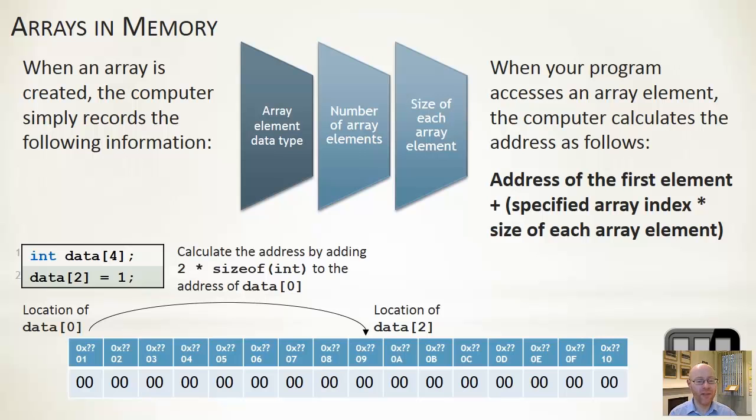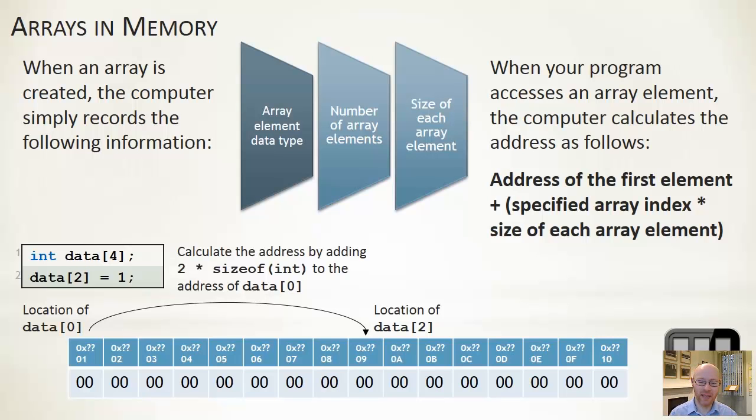If you have that information, you have a way of quite quickly accessing elements within the array. When I'm doing an array lookup, what actually happens behind the scenes is a quick calculation that gives me the address in memory of the variable that I'm interested in.